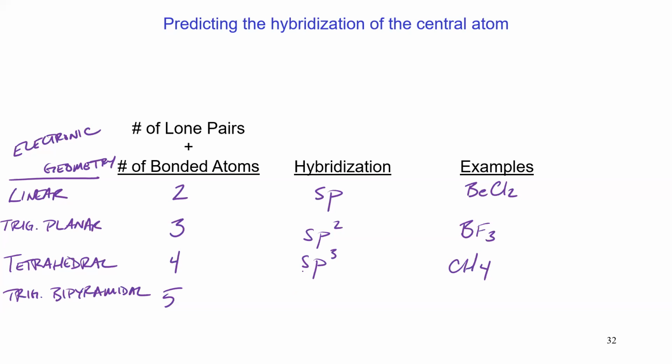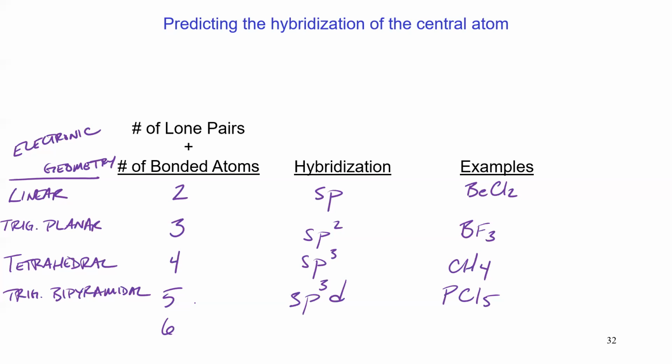And so instead of just having 1 s and 3 p's, we're going to throw in a d orbital as well. So now we're at sp3d, right? And I think the one that we drew was PCl5. But that hybridization shows you how that extra d orbital comes into play.